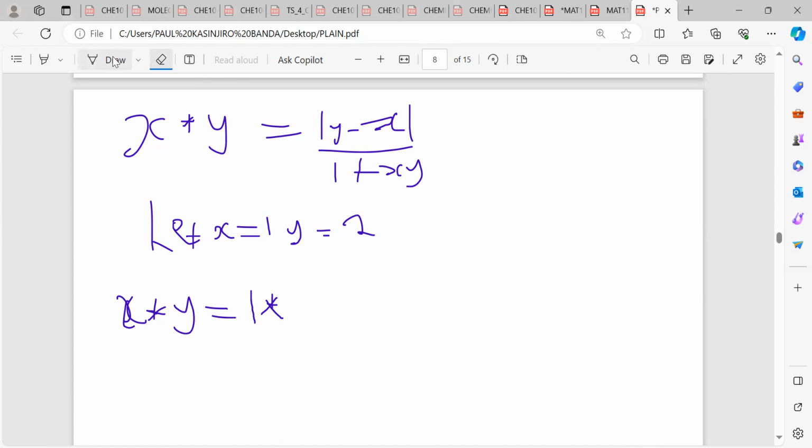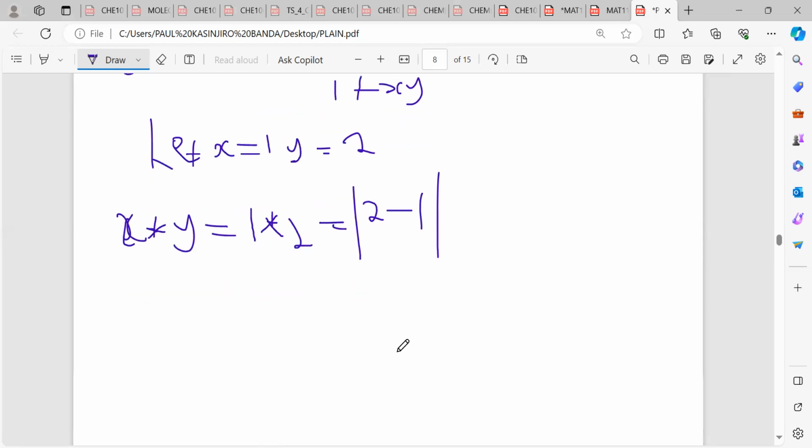I'm supposed to write 2 there. Then wherever there was y, I put the number representing y, so on top there it's 2 minus, then whatever is representing x, which is 1, modulus.